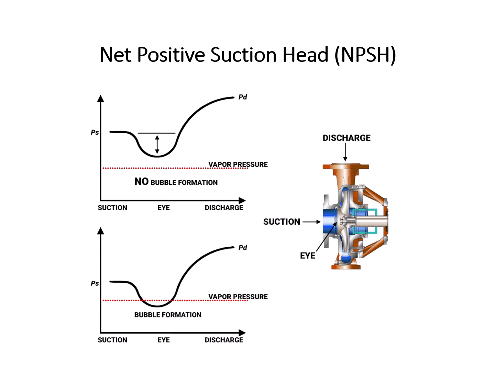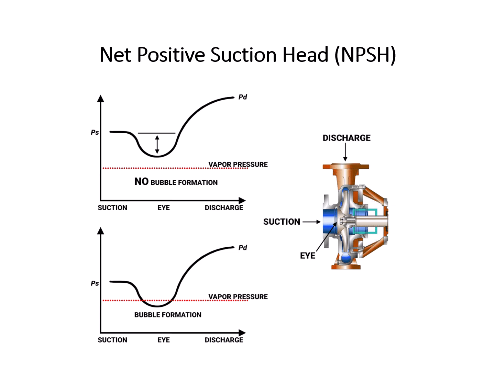As you can see here, this is the suction pressure and this is the discharge pressure. This curve represents the flow through this centrifugal pump, where this is the suction, this is the discharge, and this is the eye of the impeller, the center of the impeller.